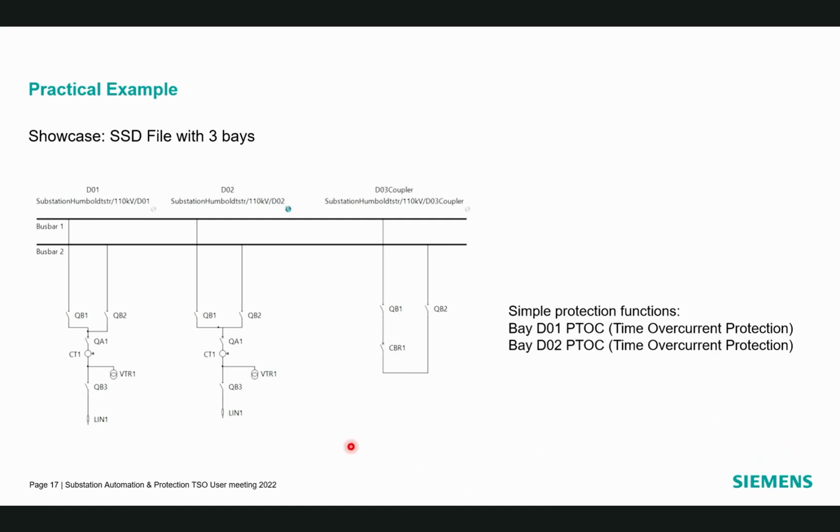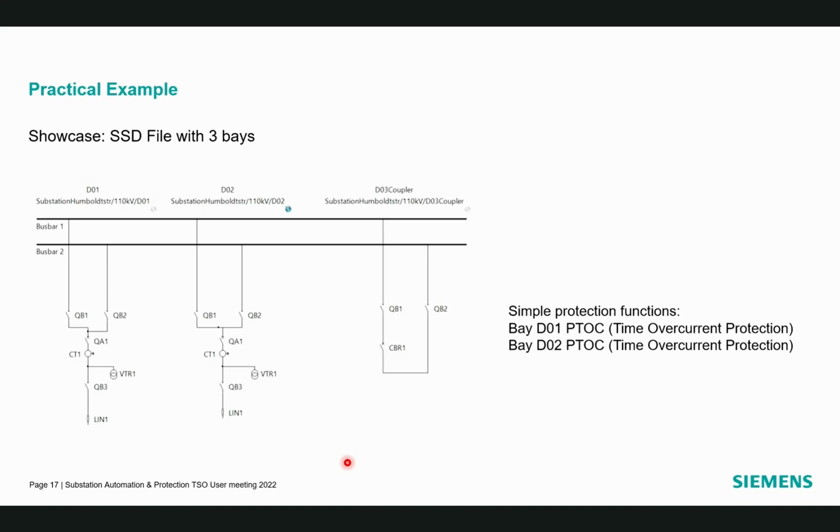For one of the 2 protection devices, I have used the protection library from the Helix tool, and for the second device, for the second bay, I have used an ICD exported by DIGSI for a 7SJ85, which is the best fitting device here.